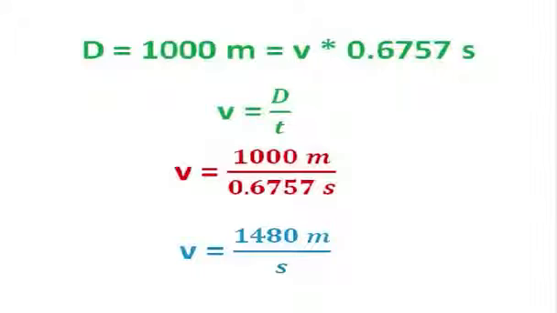Solving for V, we rewrite the formula as V equals capital D over T, or V equals 1,000 meters divided by 0.6757 seconds. We calculate that V is 1,480 meters per second.